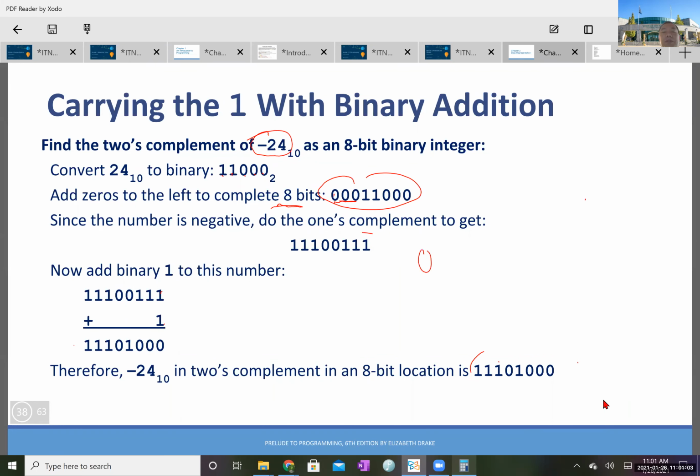If I have the number 0, 1, 1, 0, 0, 0, 1, 1 here, what do you think? What is the decimal number in the two's complement of this number here, and how do we do it?